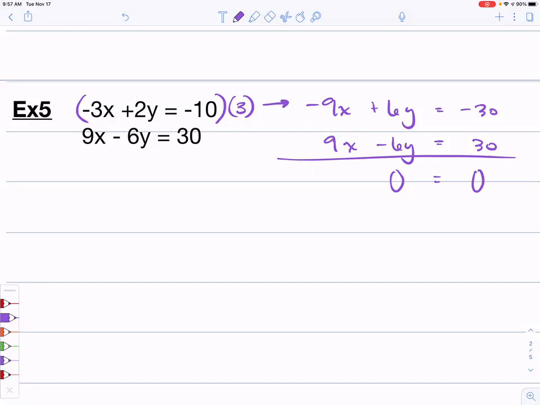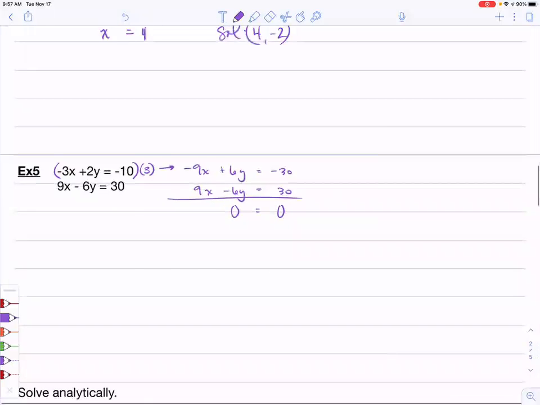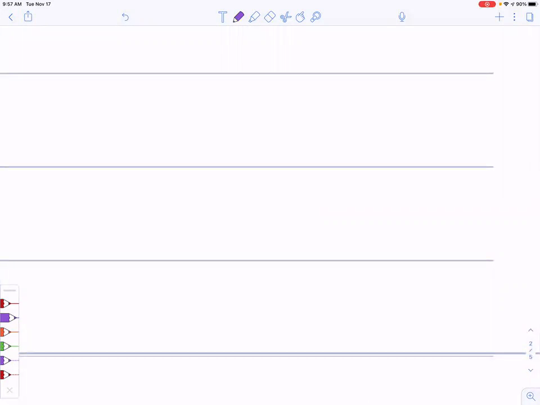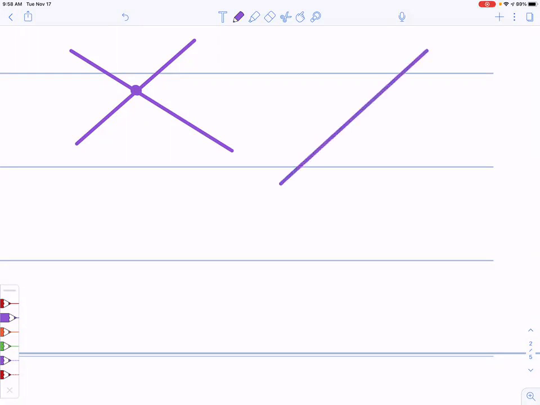So here's the deal, okay? Let me come over to some blank paper here. We already know that 2 lines could cross each other, and this is my one solution, right? We already know that that can happen. We've seen it happen. Another option is that 2 lines could be parallel to each other.